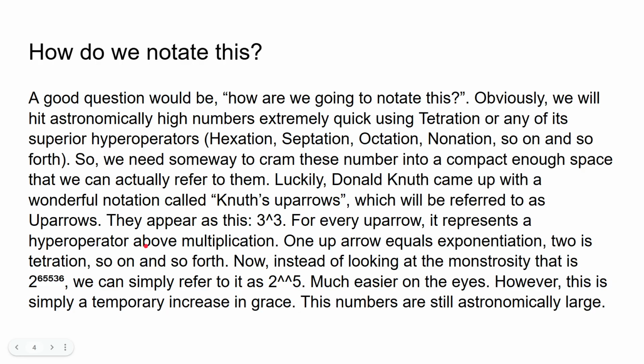It represents a hyperoperator above multiplication. So this is exponentiation. 1 up arrow is exponentiation, 2 is tetration, then quadration, quintation, sextation, septation, octation, nonation, dissation, and so on. This is an astronomically large number, but it simplifies to this. Yeah, it's really, really small.